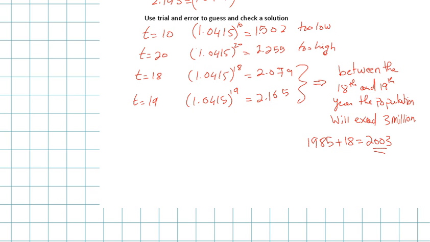So between the 18th and 19th year, the population will exceed 3 million, so that's around 2003. Okay. Can I move to the next one?